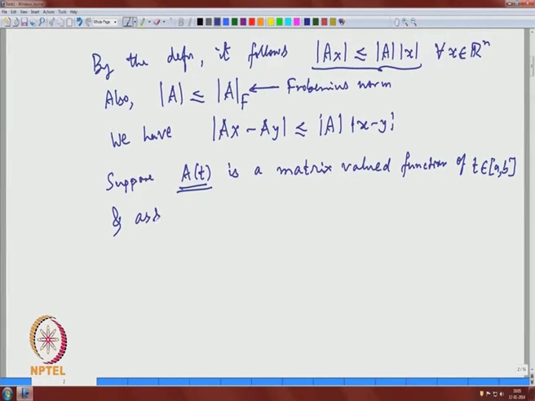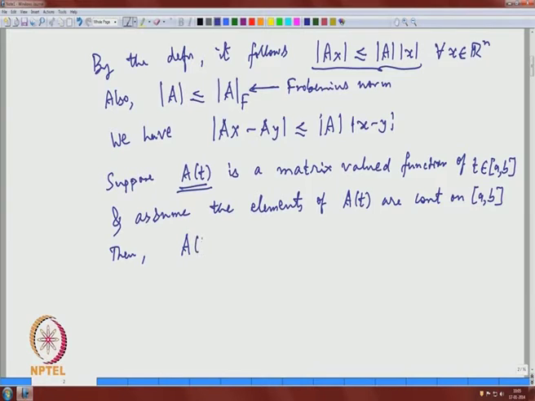Assume the elements of A(t) are continuous on [a,b]. Then for each t I have this thing.